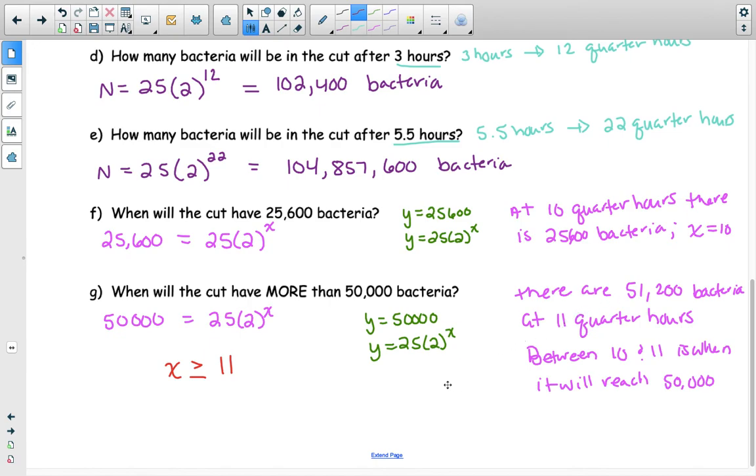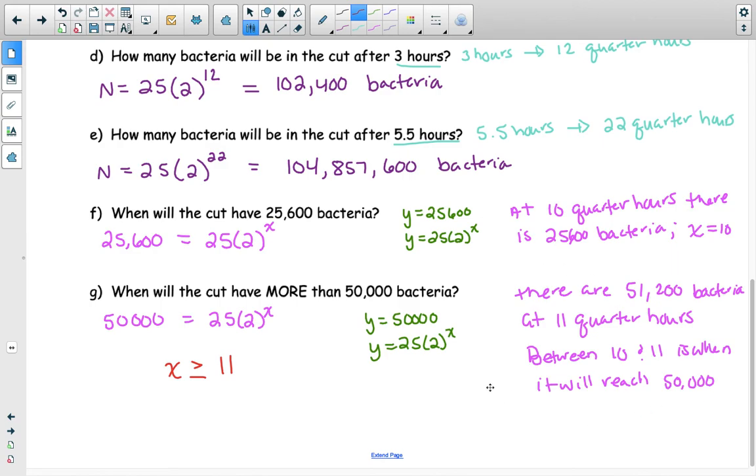Using Desmos, we can get the exact value of when it will be. And we would say it's greater than that value. Wherever it crosses would be the exact value of when it is at 50,000. So we would want the value that is greater than that x value.